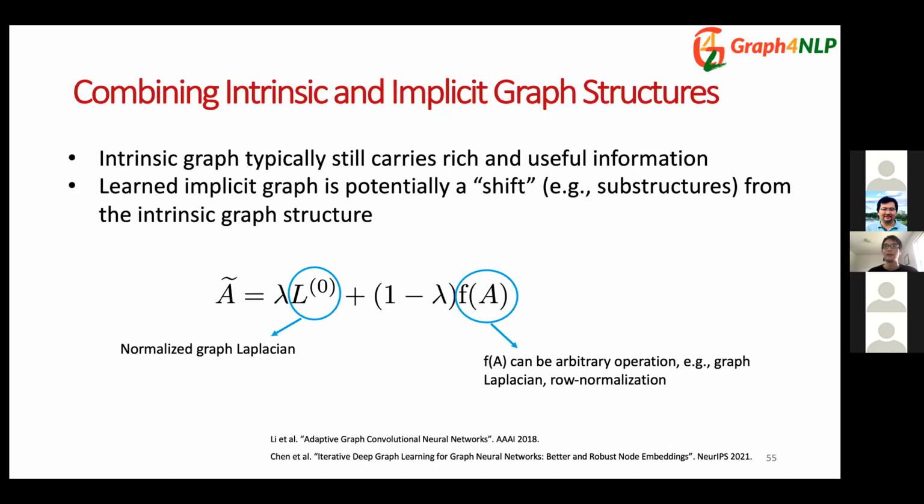We can apply various normalization operations to the learned adjacency matrix, such as graph Laplacian or other normalizations. As a result, both the information captured in the intrinsic graph structure and the additional information learned by the dynamic graph construction can be utilized in order to learn a better graph structure for the downstream task.